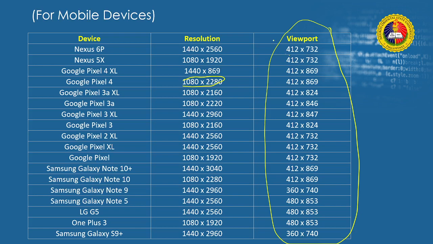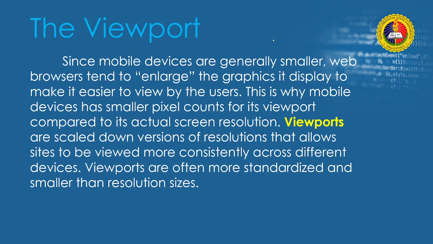So web browsers, okay, viewports are scaled down versions of resolution that allow sites to be viewed more consistently across different devices. This will allow the graphics to be viewed visually clear. So what it does is it uses the small pixels, and then the mobile web devices will just increase the overall appearance.